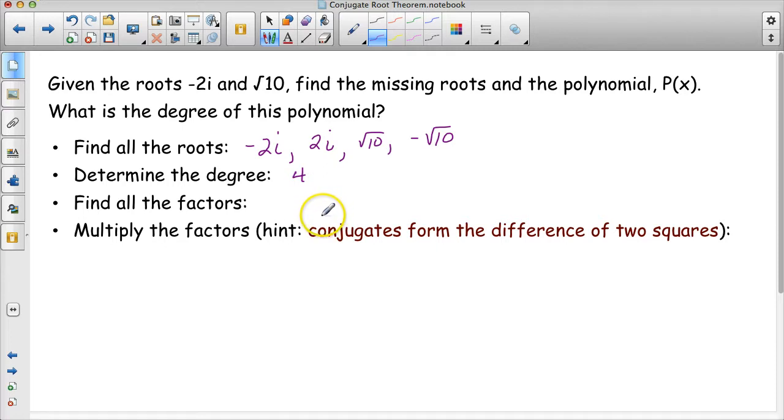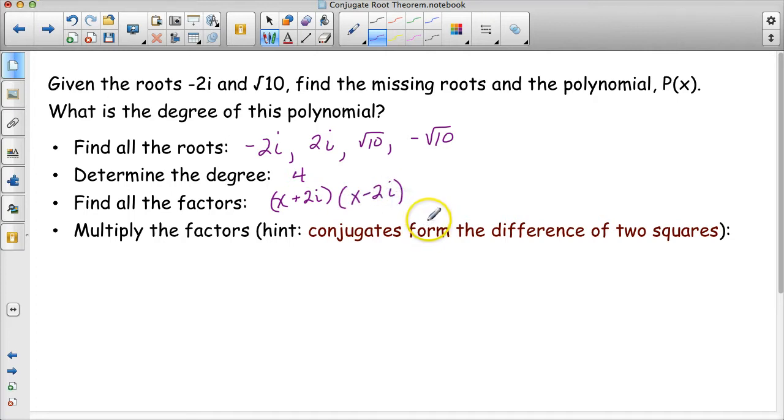How do I find the factors? Well, I take the roots, change the sign, and stick an x in front of it. That's my factor. So in other words, if negative 2i is a root of my polynomial, then x plus 2i is a factor of my polynomial. And if 2i is a root of my polynomial, then x minus 2i is a factor of my polynomial.